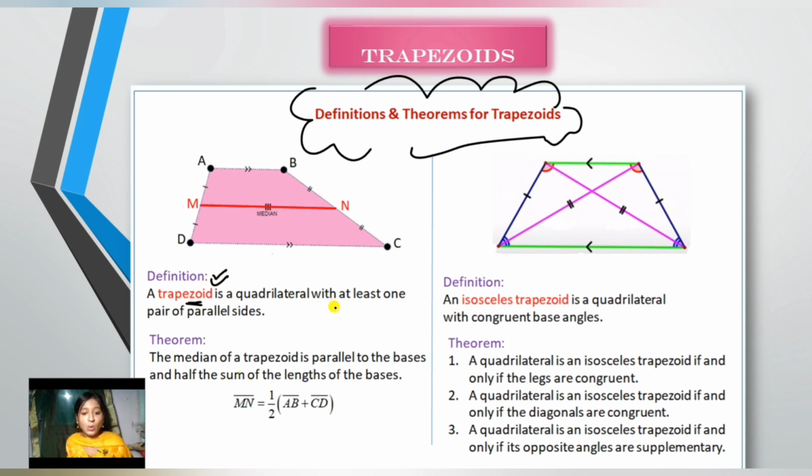The definition of trapezoid says that a trapezoid is a quadrilateral with at least one pair of parallel sides. So whenever you see any parallel sides, definitely it will be a trapezoid. In this figure ABCD, you can easily see that AB and CD are the parallel lines. AD and BC are called legs, whereas AB and CD are the bases.